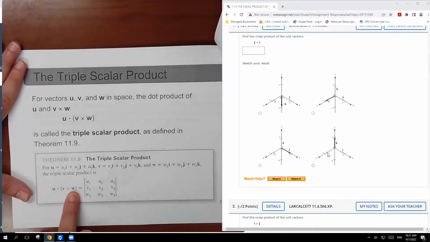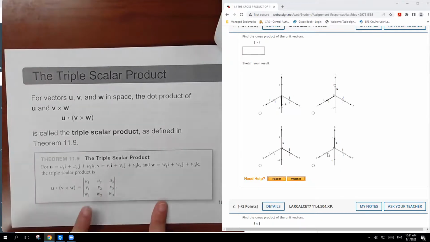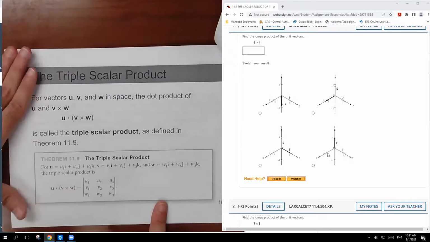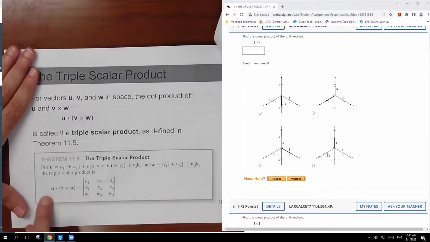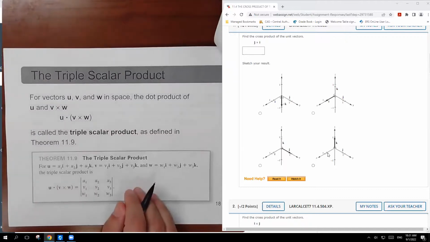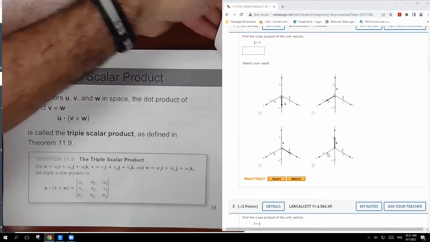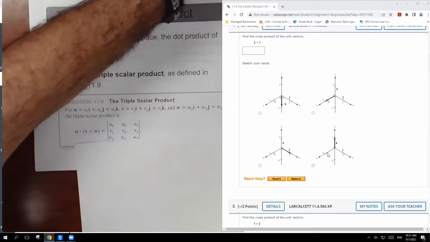You say, oh, we're going to do the same thing. Yes, you can do the same thing, but there's no separate definition, so we have to do it a bit differently. We're going to check that in an example. To find the triple scalar product, we're going to use a simple technique, because this is important to find the volume.